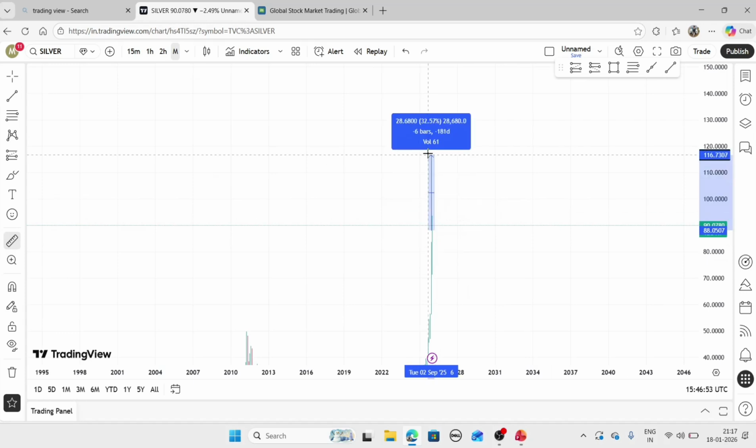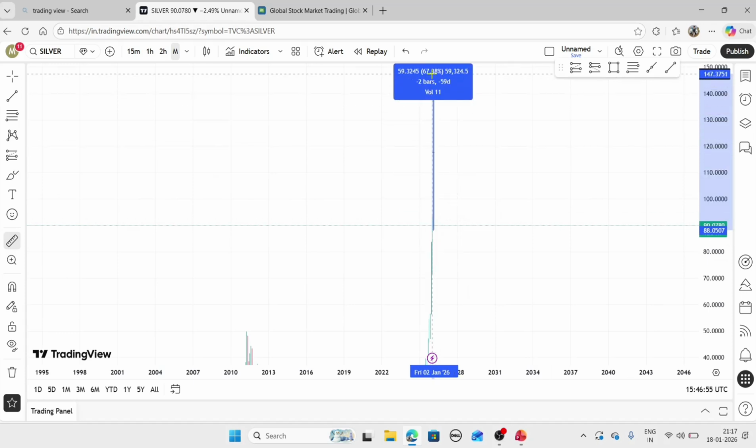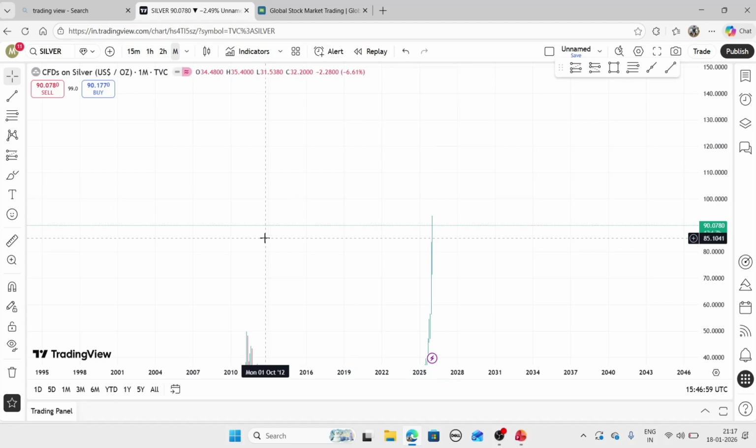That is a gain of 70%, and in squeezes it can spike higher temporarily because silver's market is small and so concentrated. Assumptions here: China relaxes export controls sooner than expected, and global growth slows enough to cut industrial demand.